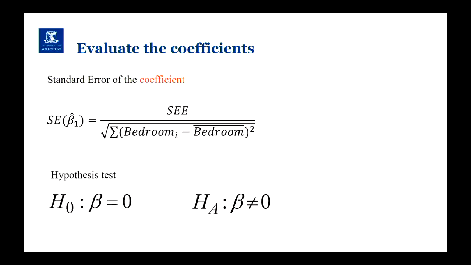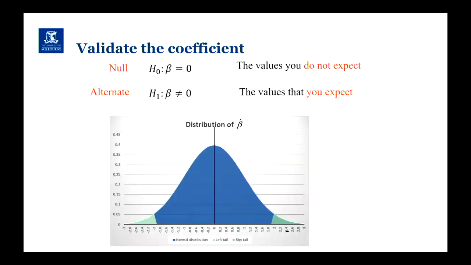And then we have a t-test to test whether the beta should equal 0, and alternatively we accept that beta is not 0. So that's the t-test we use.